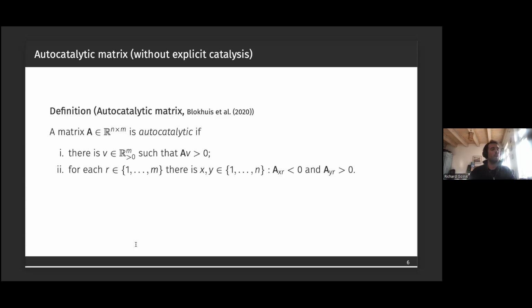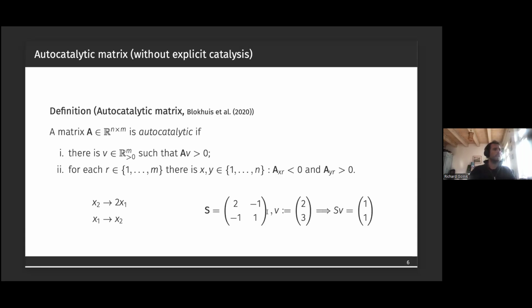And we want a strictly positive vector of reaction rates such that if we multiply it from the right-hand side to our matrix, we get a strictly net increase for each of the species. So we get a positive vector as a result. And this might be more easily seen in an example.